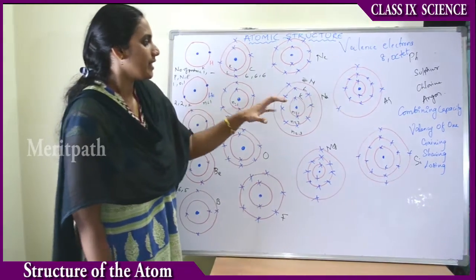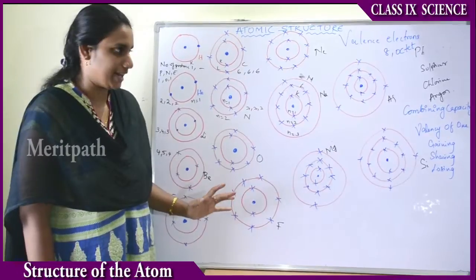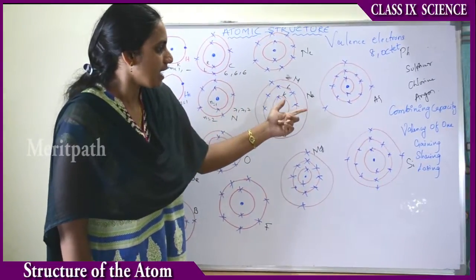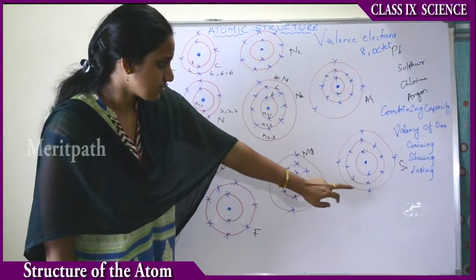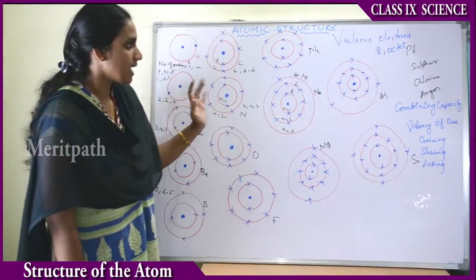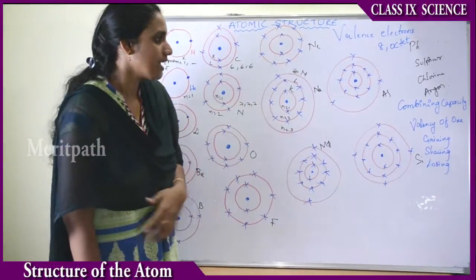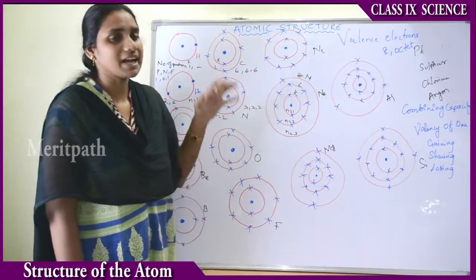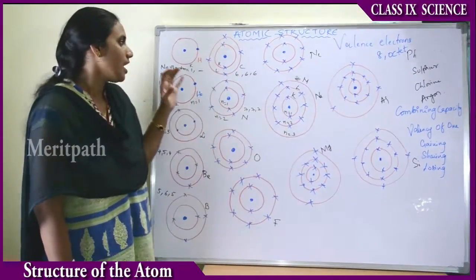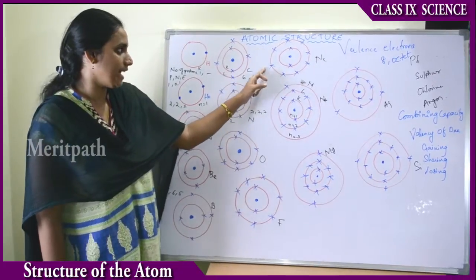Thus the elements attain stability by losing or gaining electrons. Up to silicon I have written the atomic structures of the elements, and we can proceed on to phosphorus, sulfur, chlorine and argon. The inert gas nature means the completeness of shells, that is, the maximum number of electrons that can be filled in the outermost shell is 8.